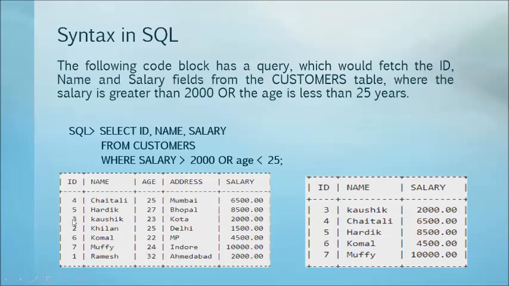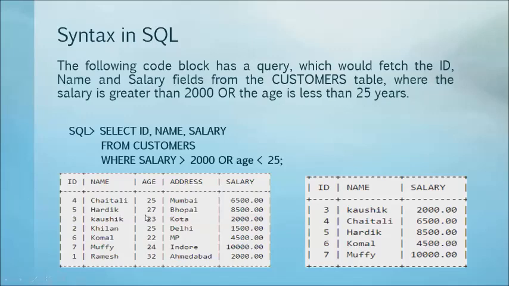So we have ID 3, Kaushik, age 23, and the salary is 2,000. Then we have ID number 4, Chaitali, whose age is 25, but the salary is greater than 2,000, which is 6,500. Next, we have ID 5, Hardik.